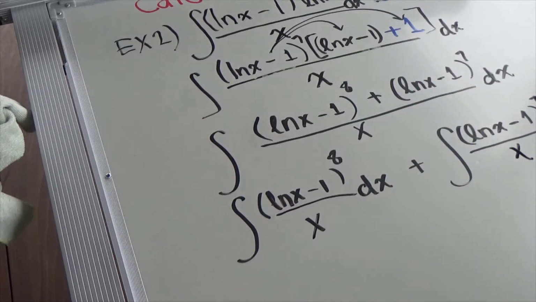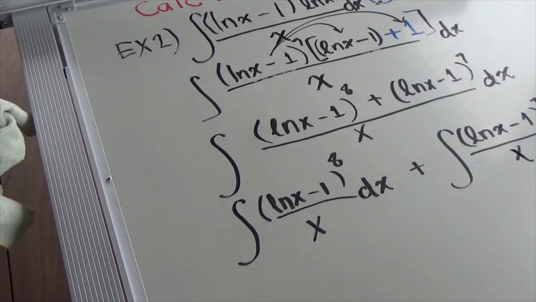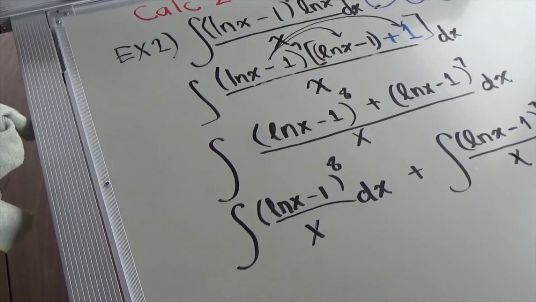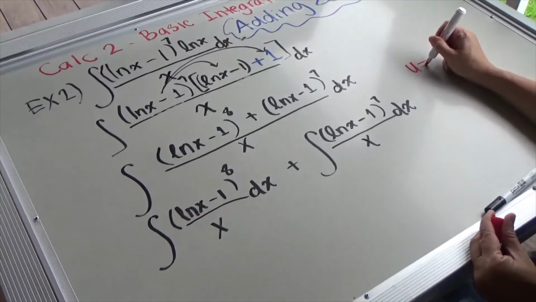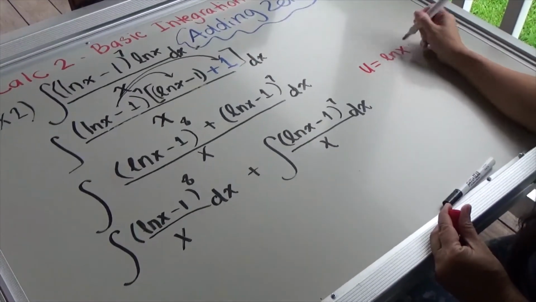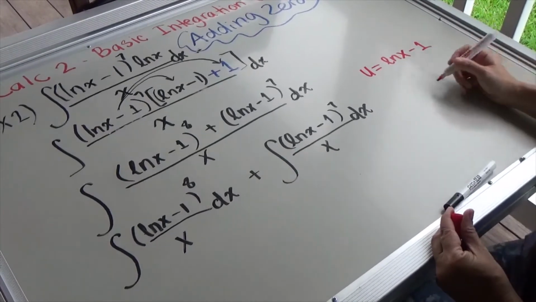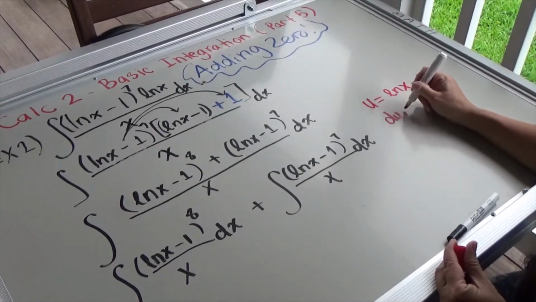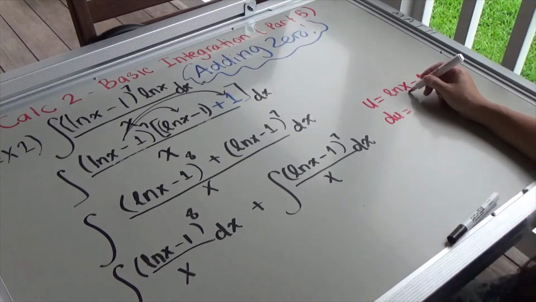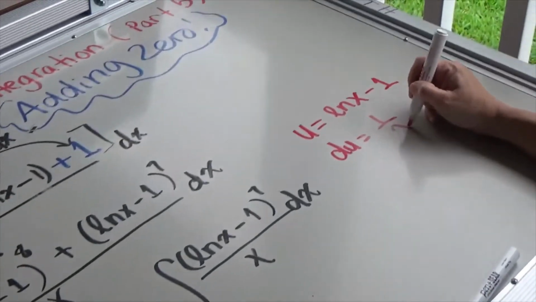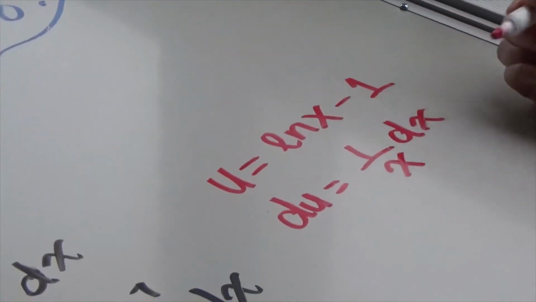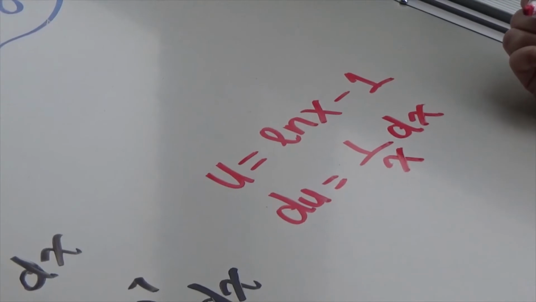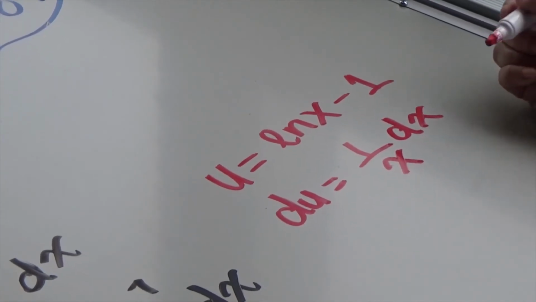And as you can see now, we can do a nice simple u substitution. We'll let u be ln of x minus 1. That means du is the derivative of ln of x, which is 1 over x dx. There you go. Nice. Because that's what I have right here.